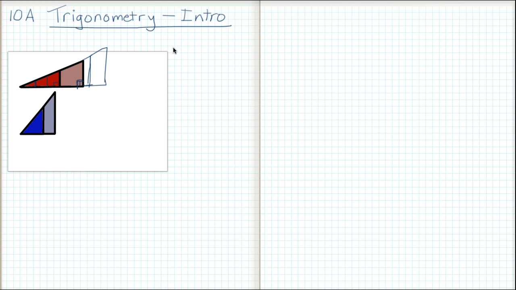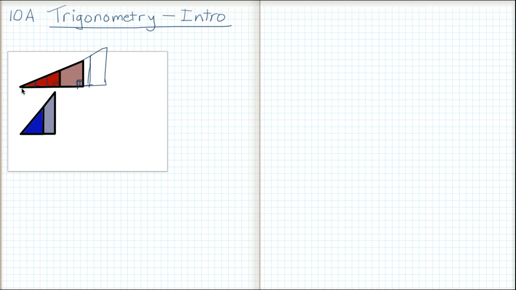Back when I first learned trigonometry, we still sometimes had the tables written on a big sheet in case somebody didn't have a calculator. You will all have calculators, and all of your trig tables are kept in the calculator. These trig tables are based on certain relationships of sides. So if I always take the bottom side here and divide it by the vertical side, then I'll get a certain ratio.